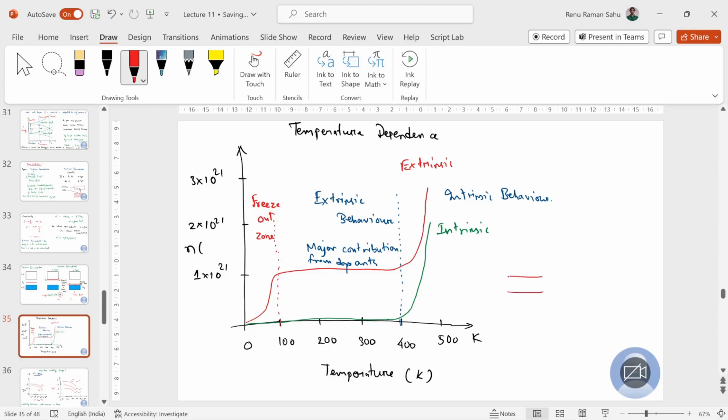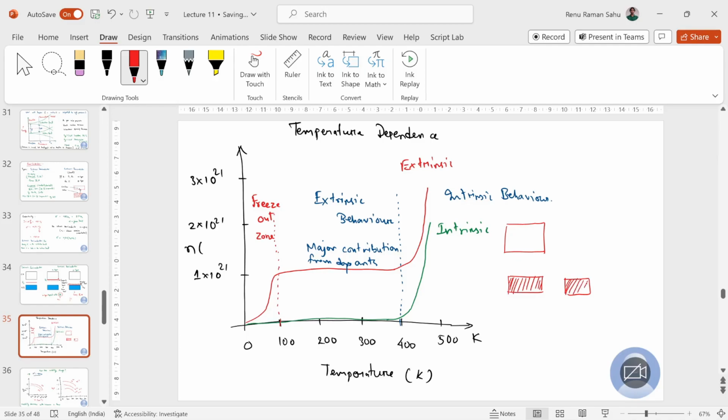So this is totally filled; this is your intrinsic semiconductor, and this is your Fermi energy. I'm not drawing the Fermi energy.